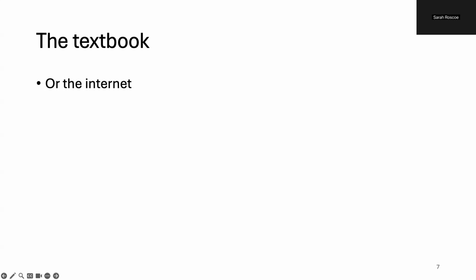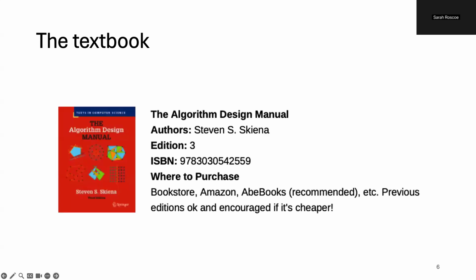I guarantee you it will be. There's a lot of resources out there. The slides and the homework are roughly going to follow the structure of the textbook, so I recommend that you buy the textbook, but you don't have to.